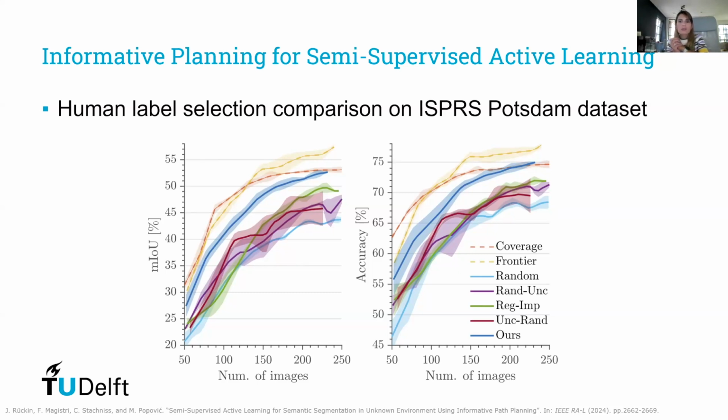We actually match the performance of the coverage reference using only 0.6% of the human label pixels, which already represents a significant saving in terms of the human effort. So we basically use these methods to identify the key regions where the human input would be beneficial.